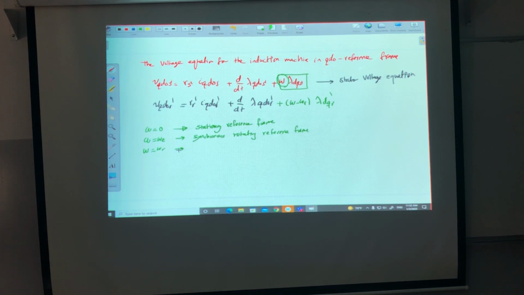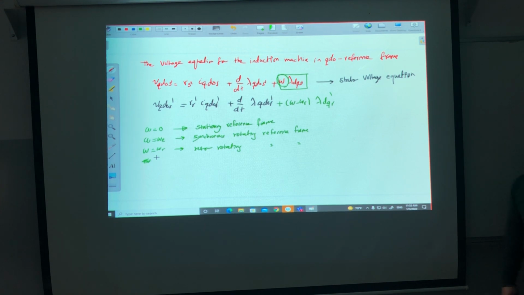So this is rotor rotating reference frame. And if omega is unspecified, it's called what? The arbitrary reference frame. Good.